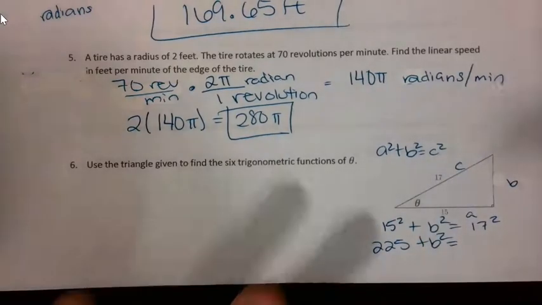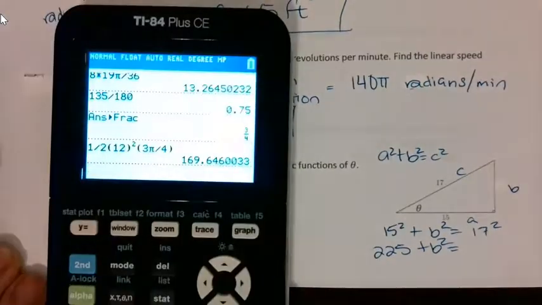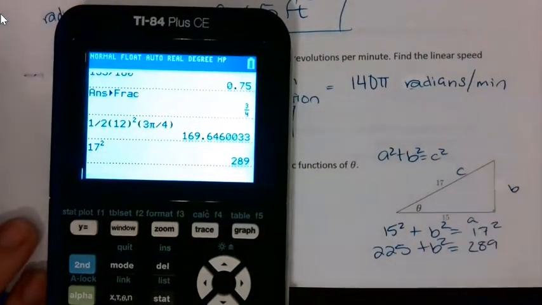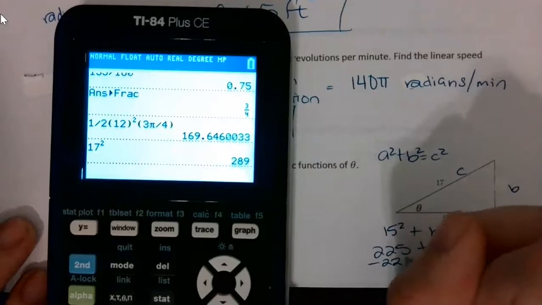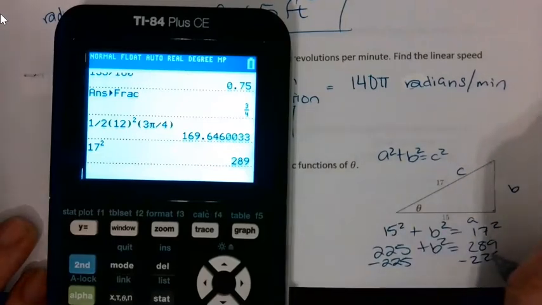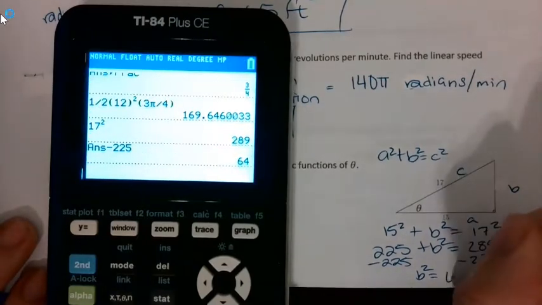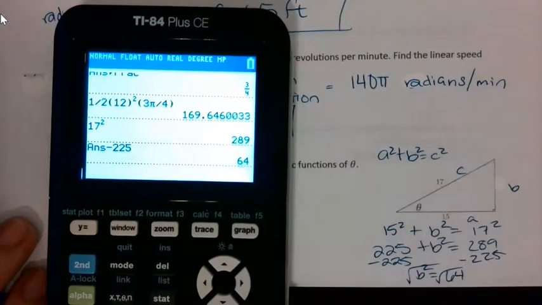I don't know 17 squared off the top of my head. 289. Then I want to subtract 225 on both sides. I have b squared equals 64. Square root of 64 is 8.